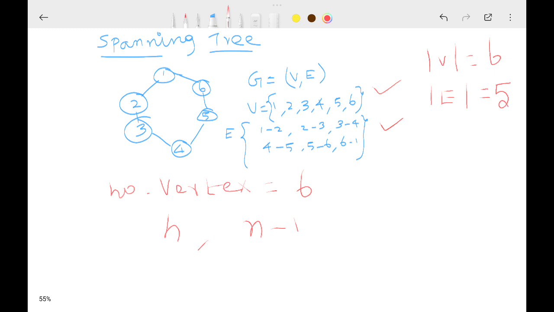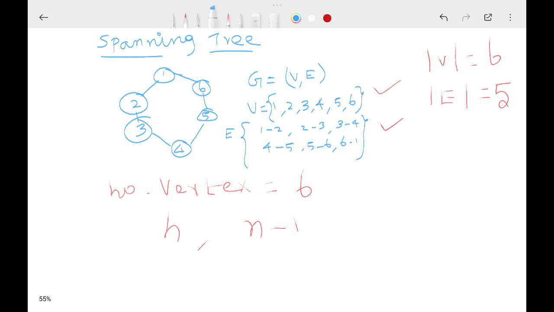This example is a graph without a cycle. We can form multiple spanning trees from the given graph with this property, that the spanning tree should contain all the vertices and the number of edges is the number of vertices minus 1.